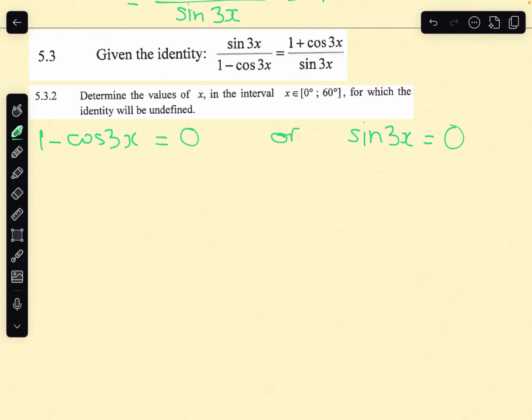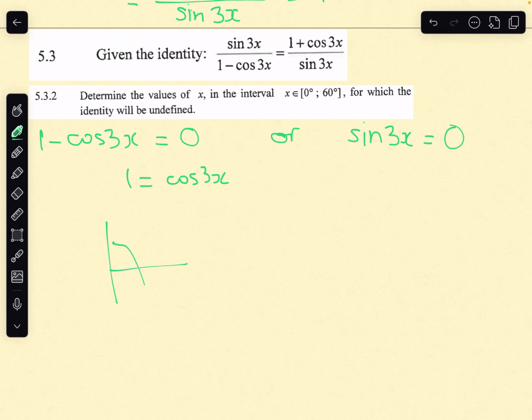We're first going to get the general solution, and then we'll get the solutions that are in this interval that has been specified from 0 to 60. So this is the same as 1 is equal to cos 3x. And we know that cos of A is equal to 1 when A is 0.